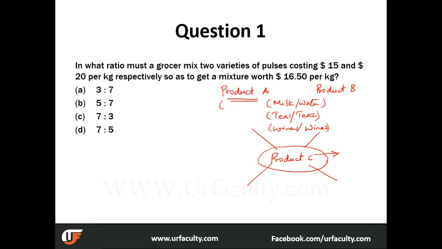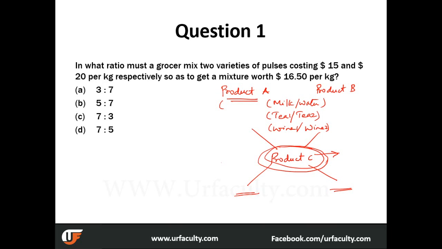So if you look at it, if you do a calculation through this way or this way, you'll see a problem. You'll understand why I'm saying this way or this way. You'll finally see a product which is of equal value, which is basically your product C. So let's take this example. Let's try to solve this example, then you'll be able to appreciate what I'm trying to say over here.